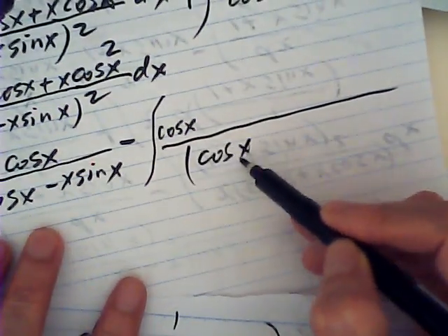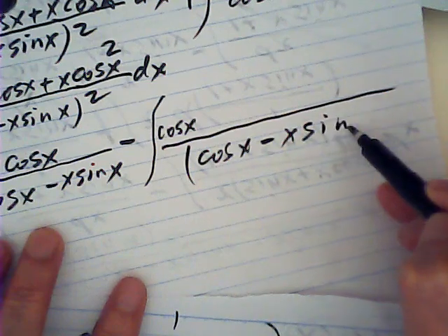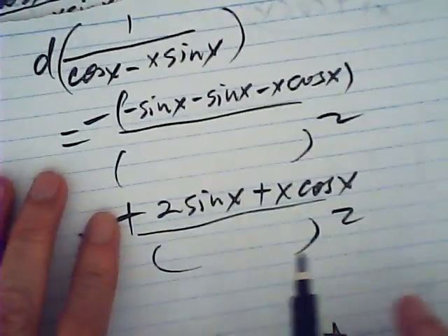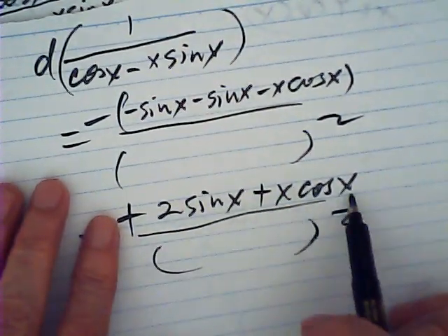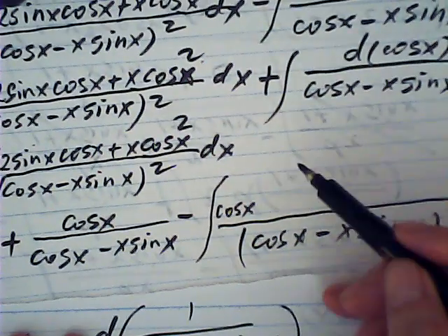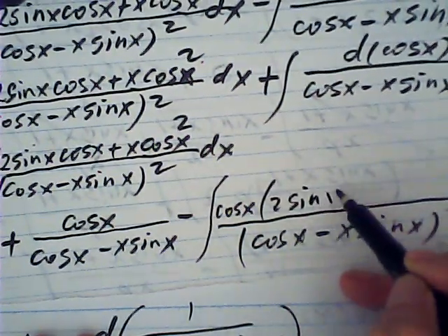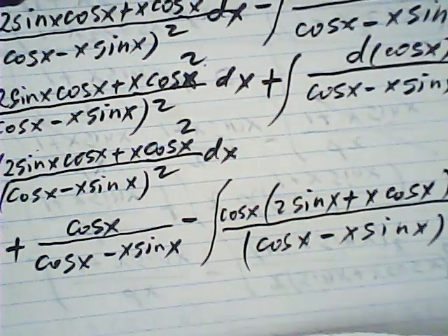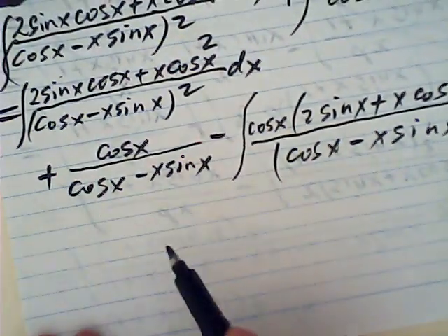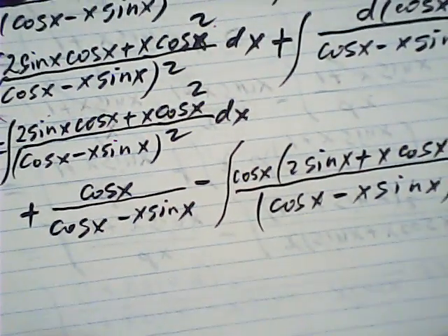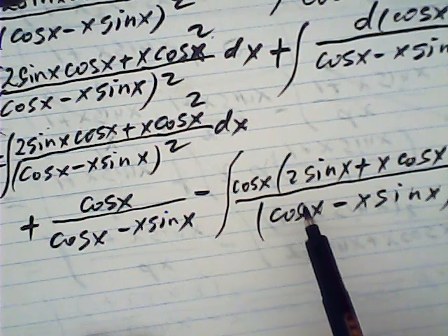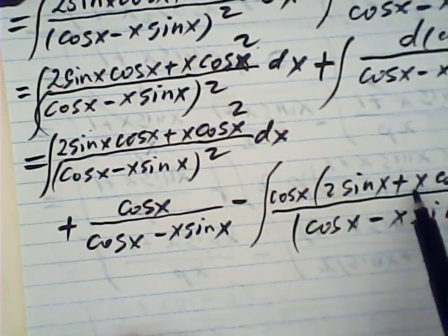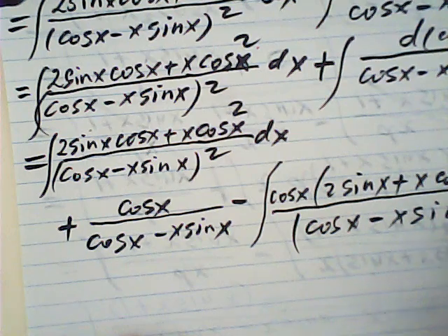It becomes cosine squared plus minus sine x squared, and on top will be 2 sine x plus x cosine x times x cosine x. 2 sine x plus x cosine x. Yeah. So to find that this is 2 sine cosine x plus x cosine squared.